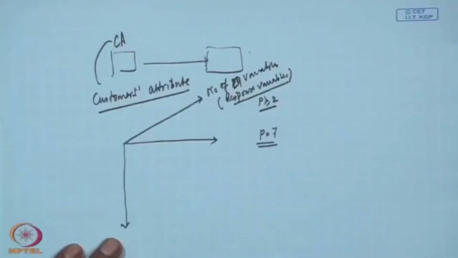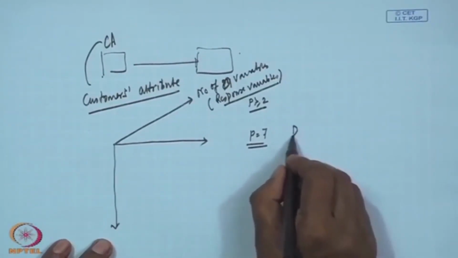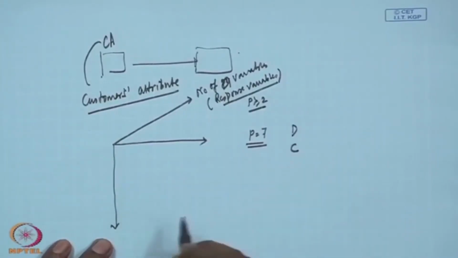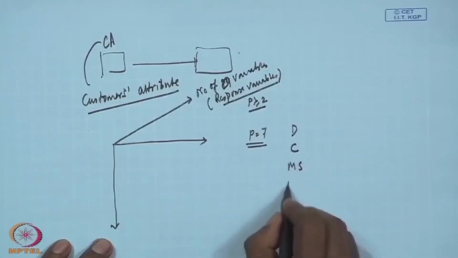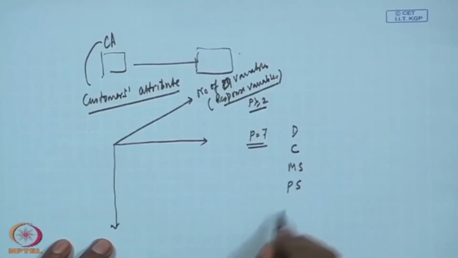Getting me? So that means, in a nutshell, in our case study, how many P's are there? P equal to 7. So, 7 response variables, starting from demand, then control, then management support, then peer support, then relationship, then role, then change.